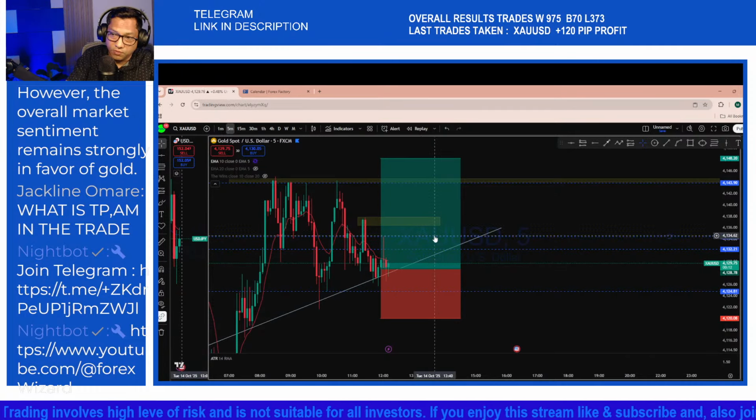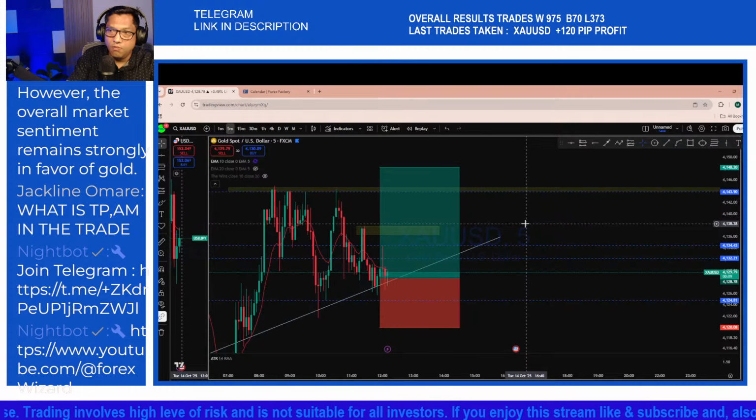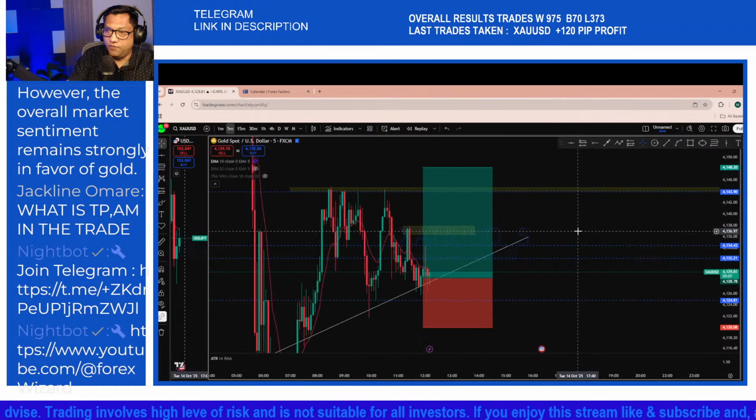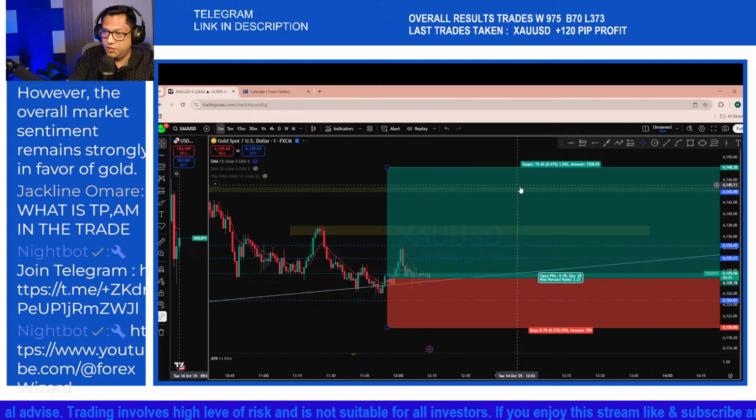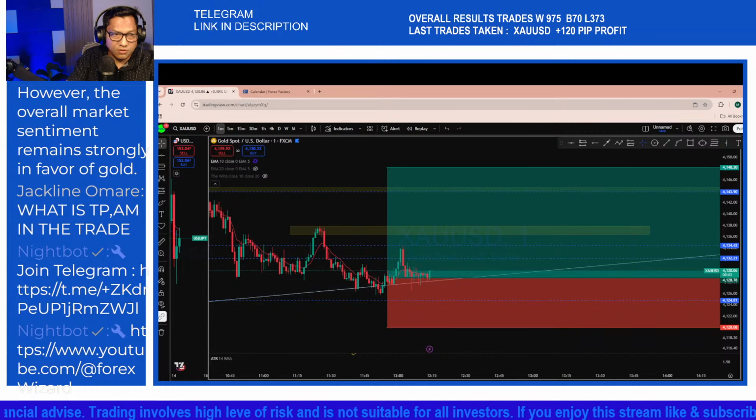So from this support creating a series of higher lows, showing potential for a possible bullish breakout.